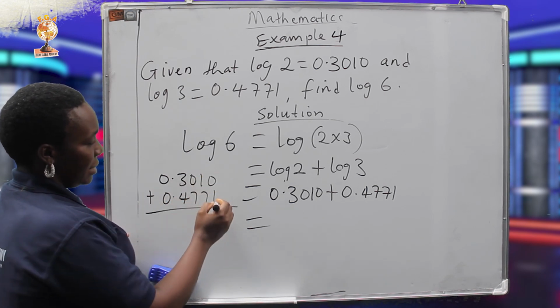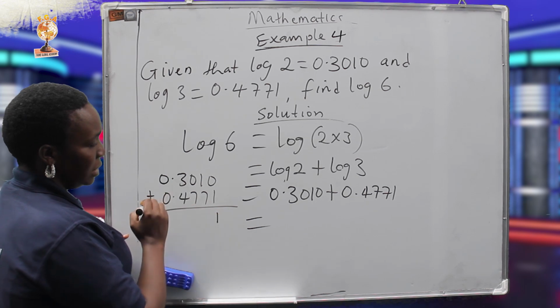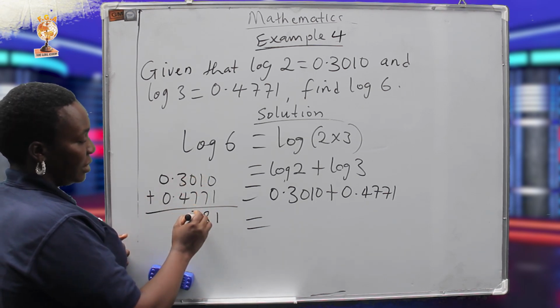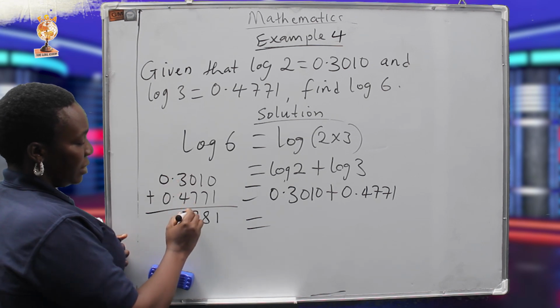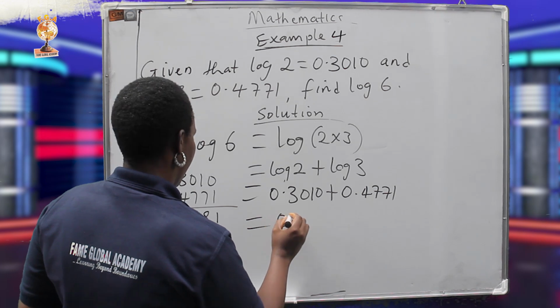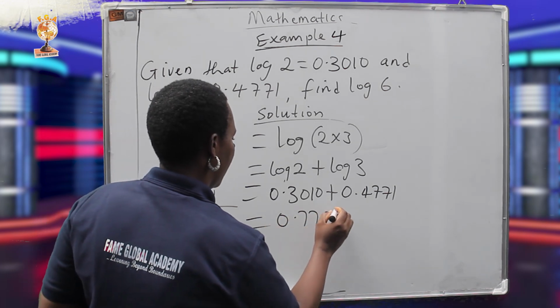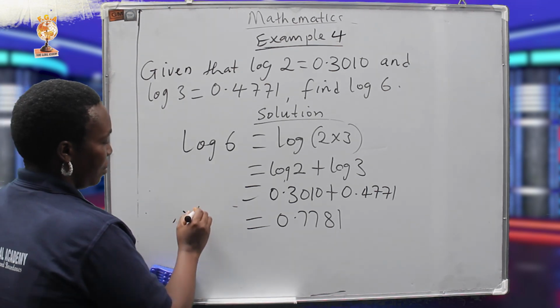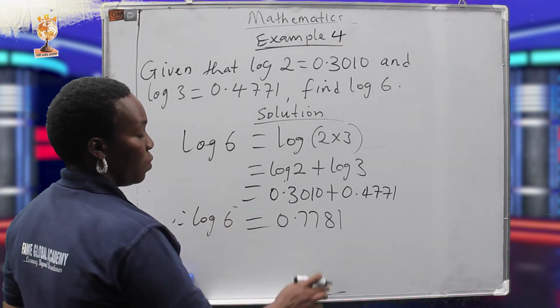So when we are adding, 0 plus 1 is 1, 1 plus 7 is 8, 0 plus 7 is 7, 3 plus 4 is 7. So our answer is 0.7781. Therefore log 6 is equal to 0.7781.